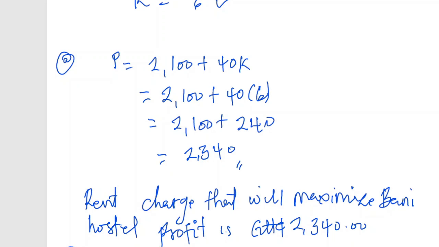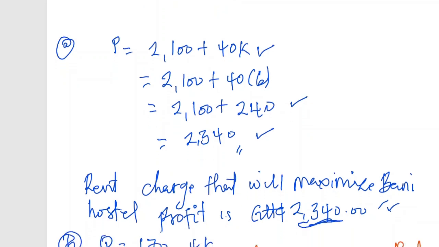So we now get 2100 plus 40 times 6, which is 2100 plus 240. When you add 2100 plus 240, you get 2340. So therefore your rent charge that will maximize the Bani Hostel profit should be 2340. That is the first requirement that we were asked to do.